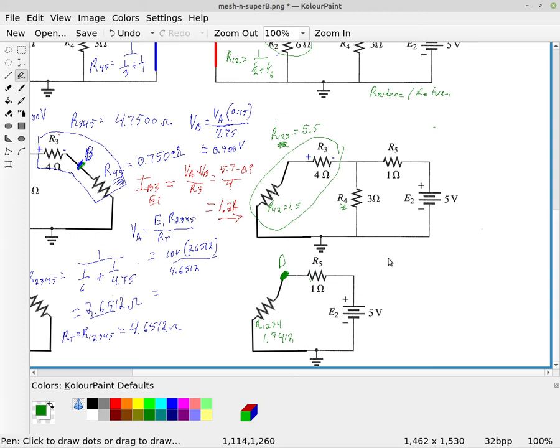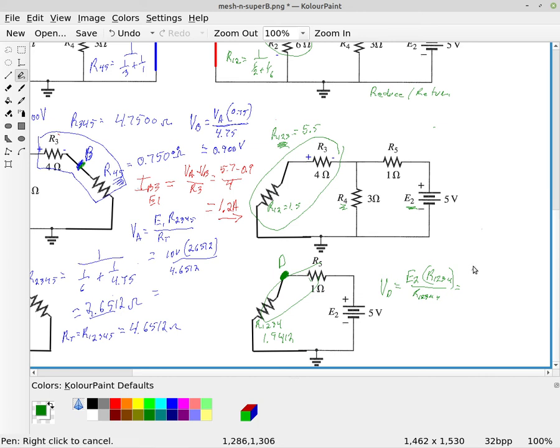And so the voltage at node D, by voltage divider, is E2 times R1234 divided by the total, which is R12345.